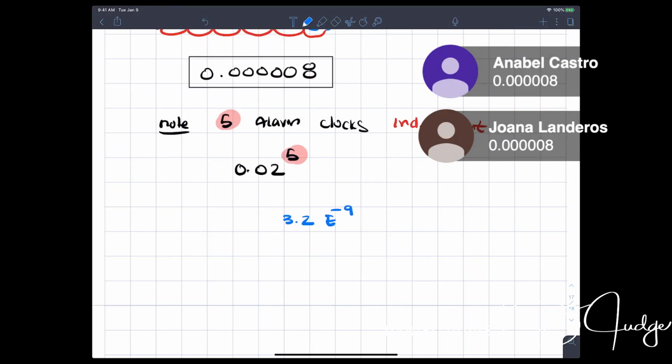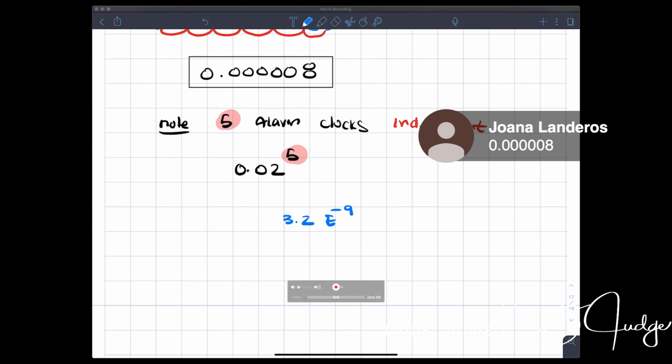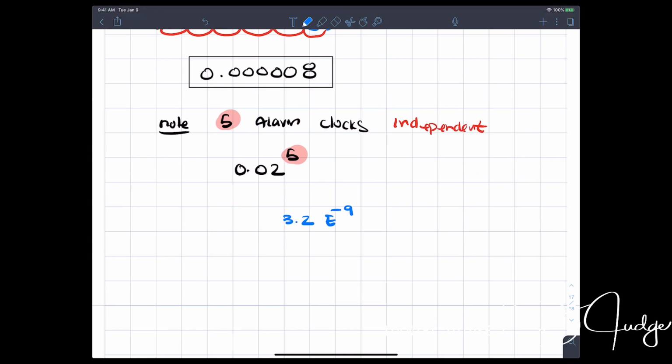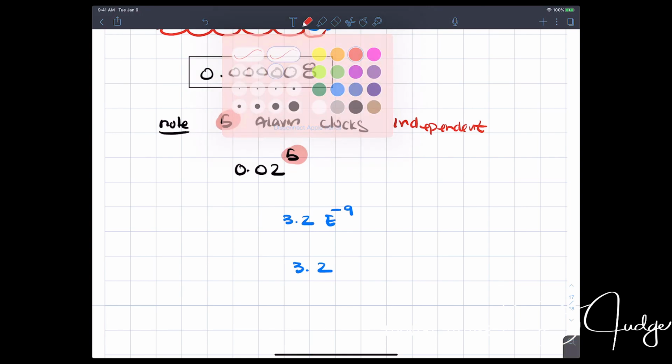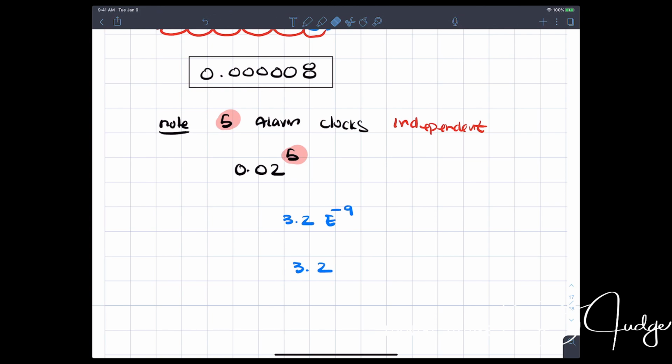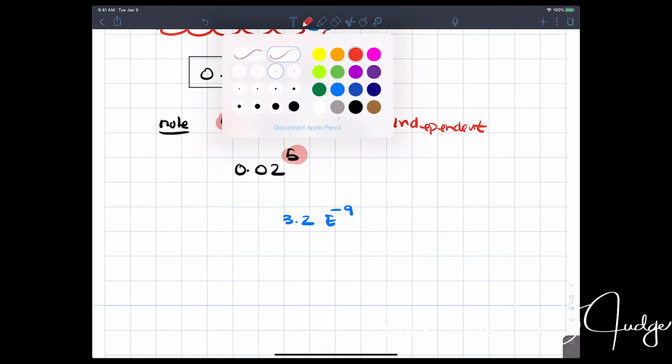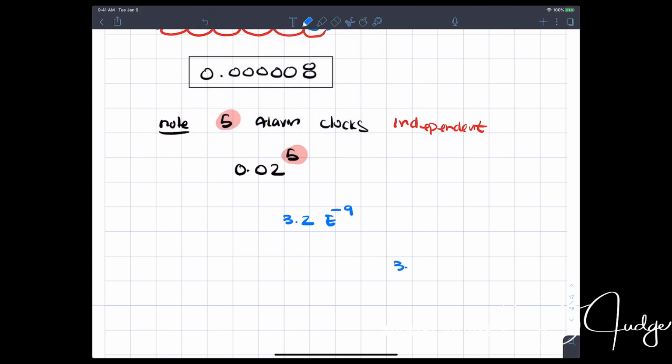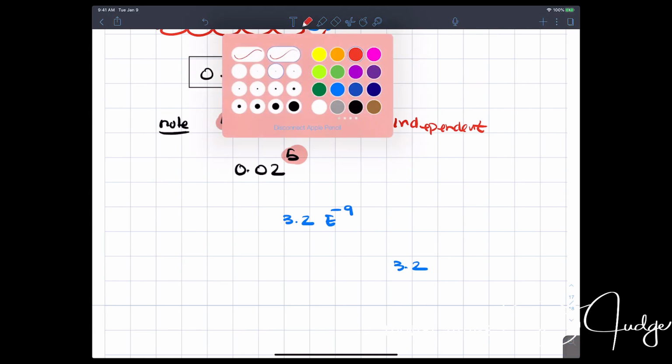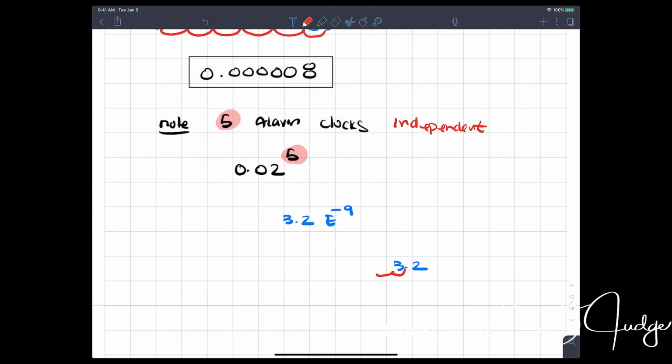Right? So, what do we do now? We simply move what? We move the decimal. Here's 3.2. We move it 9 spaces to the left. I'm going to have to put that 3.2 way over here. 1, 2, 3, 4, 5, 6, 7, 8, and 9.